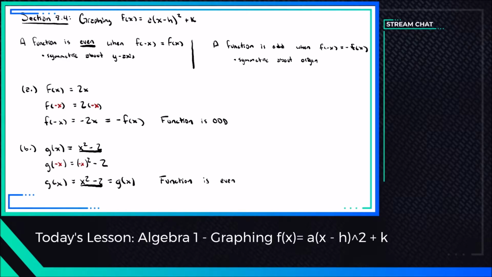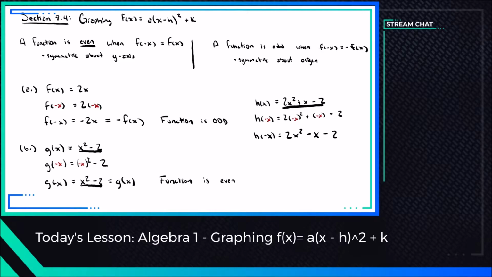And now just one more, we could have something like h of x is equal to 2x squared plus x minus 2. And if we plug in a negative everywhere we see an x, so we're going to plug a negative into all of these different parentheses. So it's going to be negative x there, negative x there, and then negative x there. H of negative x is equal to 2 times negative x squared, which is going to be an x squared, plus the negative x will just be minus x, and then minus 2.